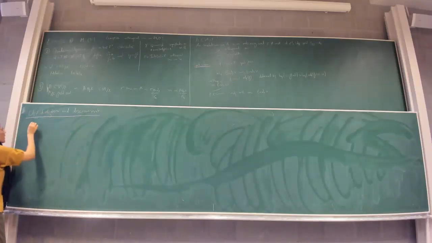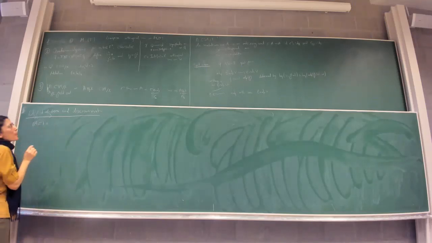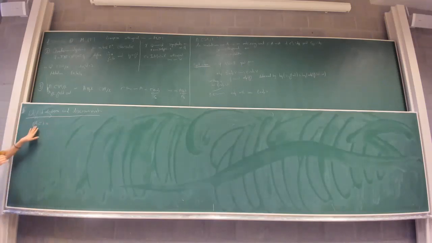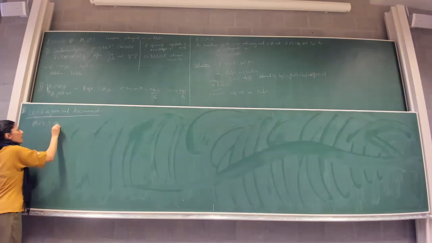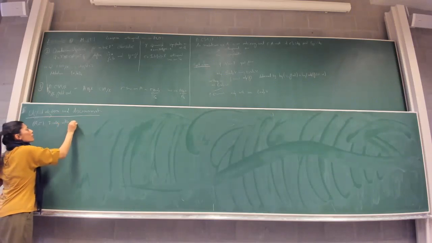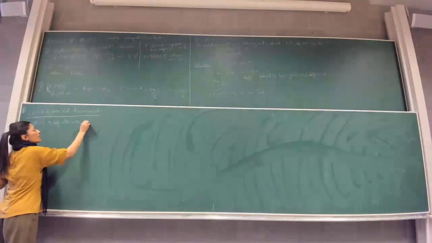Here, A is a central simple algebra over F with an orthogonal involution sigma.